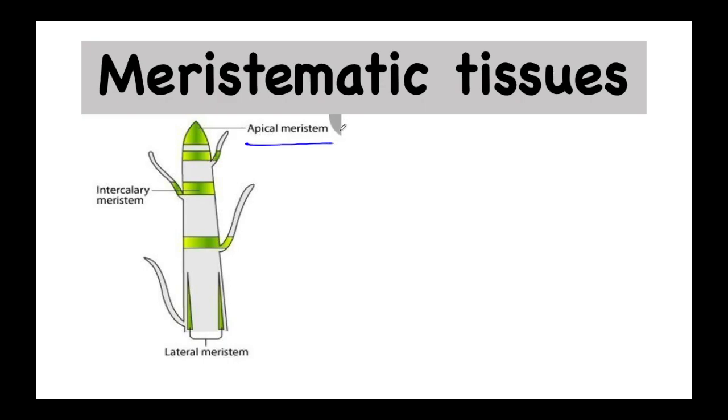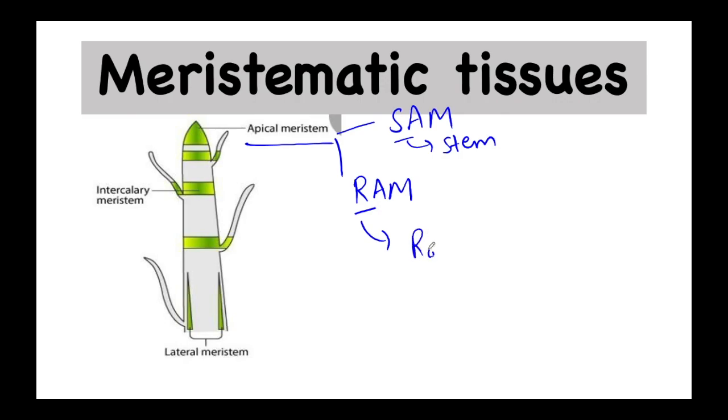Apical meristem is further divided into two main parts: shoot apical meristem and root apical meristem. Shoot apical meristem is responsible for the growth of the stem, and root apical meristem is responsible for the growth of the root. Apical meristem is present at the apex part or the top part of the plant.